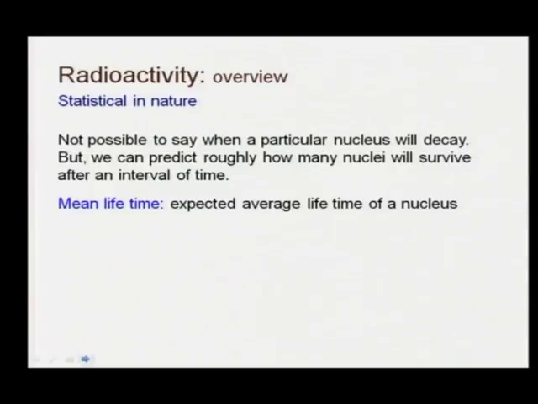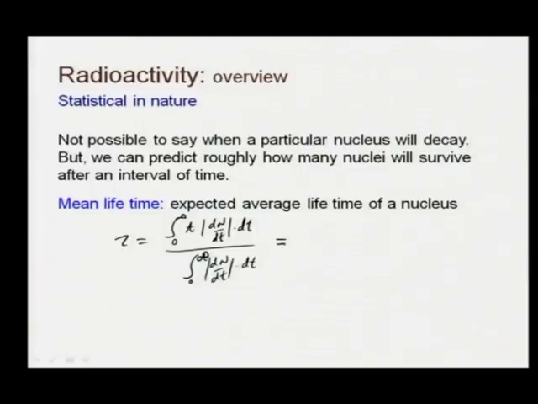We can also define what is called the mean lifetime, which is essentially the average lifetime of the nucleus, defined as tau, which is equal to the integral from 0 to infinity of t dN by dt, the rate at which it will decay times the time t, divided by the integral from 0 to infinity of dN by dt, if you wait up to infinity.